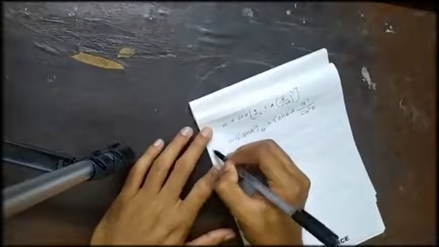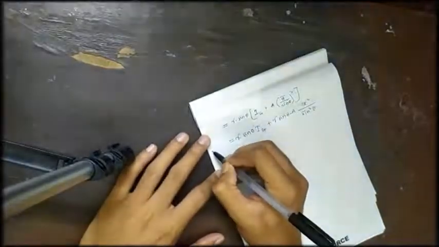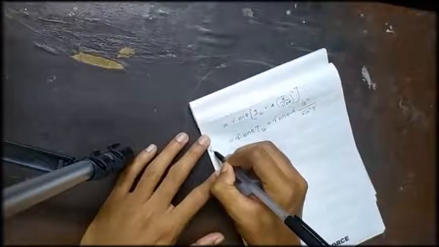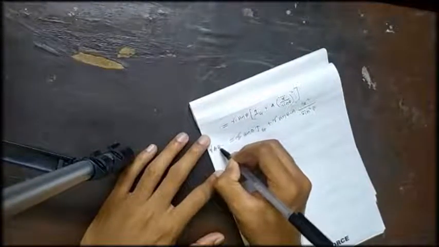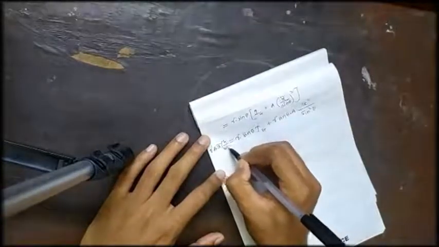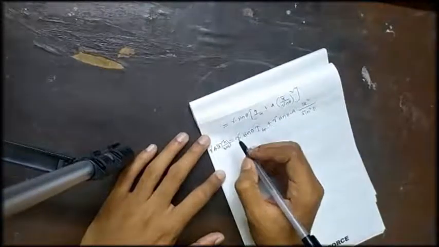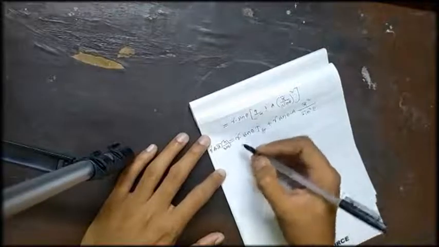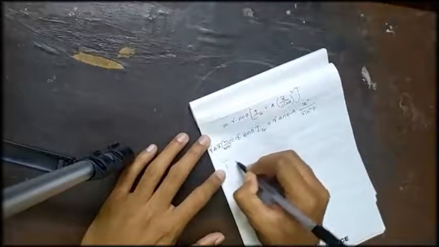And at the left hand side we have gamma into A into x bar in bracket h upon sine of theta. Now we want only h bar, or only this h.